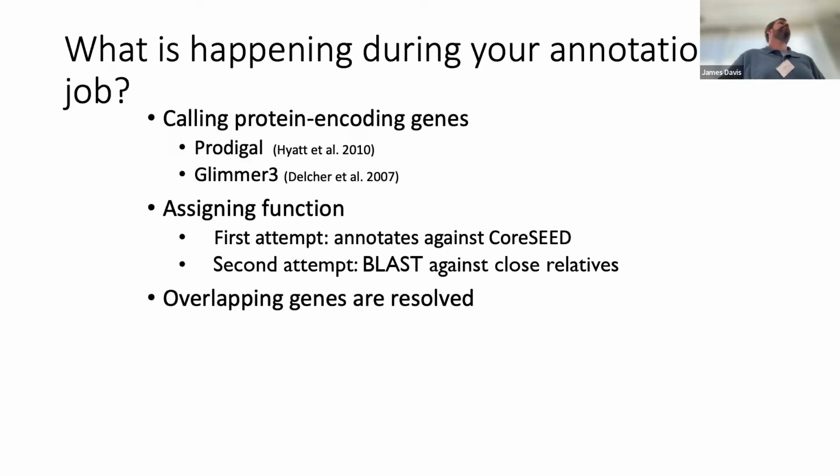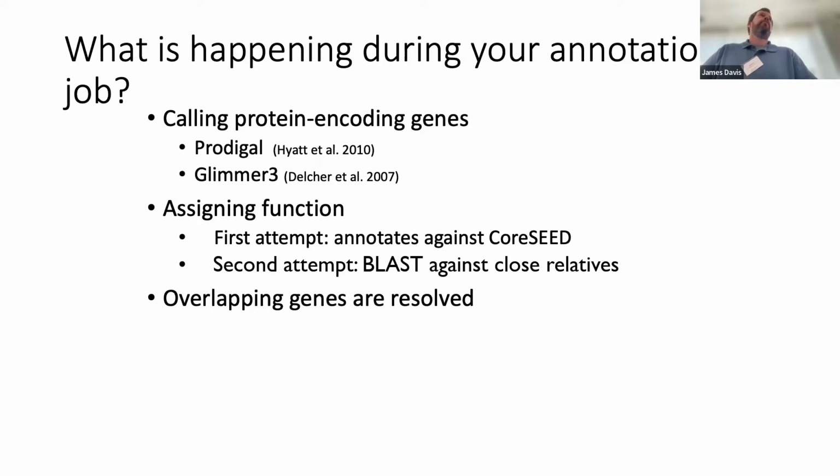The next thing it does finally is it gets to the point where it's calling open reading frames, or the protein encoding genes specifically. And this is done using both Prodigal and Glimmer. So if you start comparing your GenBank genomes to our genomes, this is where most of the differences are, because the Prodigal and Glimmer gene calls are essentially predictions that are based off of hidden Markov models, though I believe that's how Glimmer and Prodigal work.